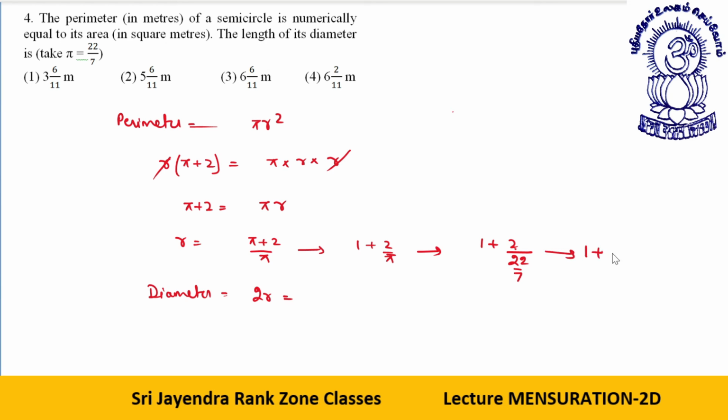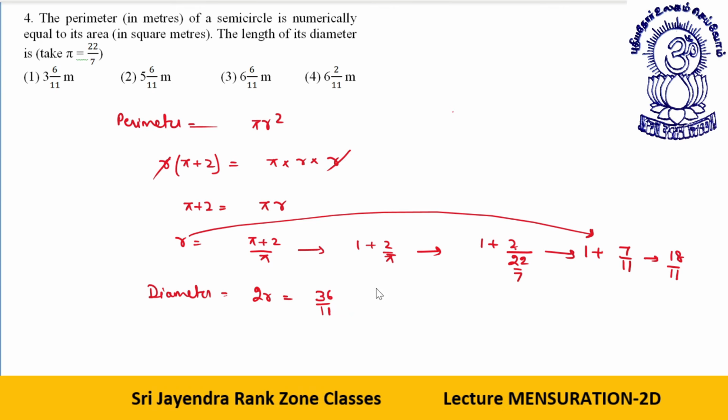This will be 1 plus 7 by 11. Clear? No doubts in this? This is the radius, 1 plus 7 by 11. This I can further say as 18 by 11. 2r will be 36 by 11.